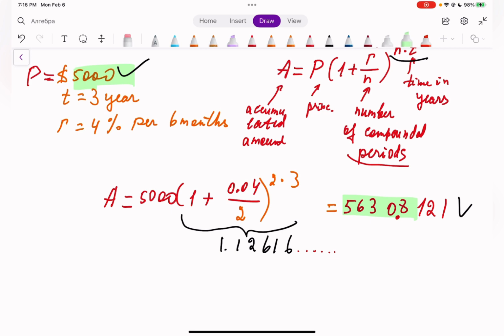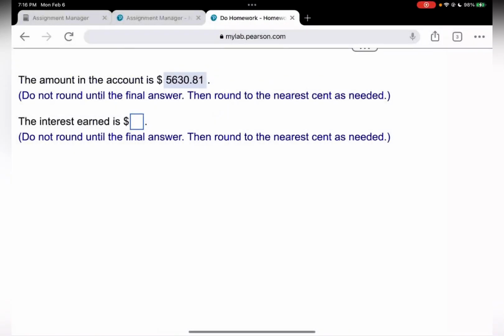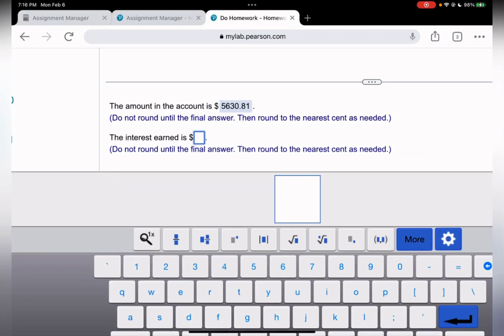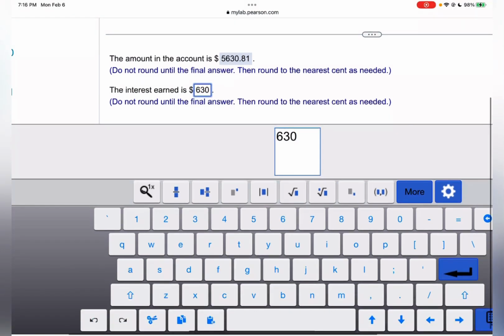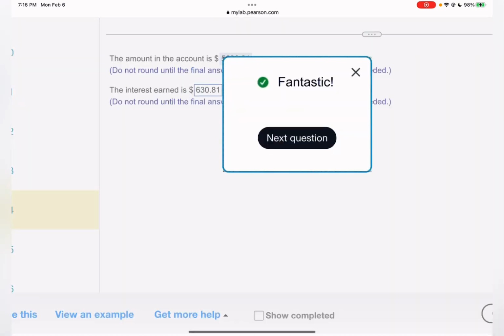Pretty straightforward. So it's going to be 5,630.81 minus 5,000, and I'm getting 630.81. Bingo.